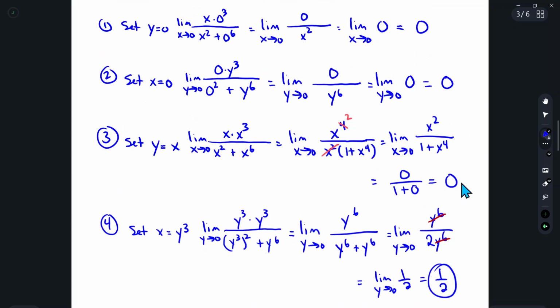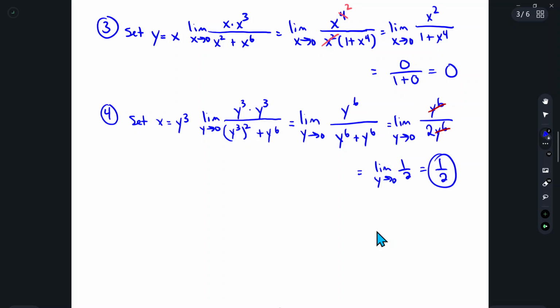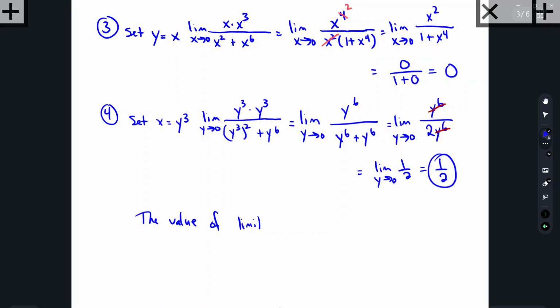Okay, so again we have a different value for a limit, so this limit also doesn't exist. The value of the limit along the last path is different, so the limit doesn't exist.